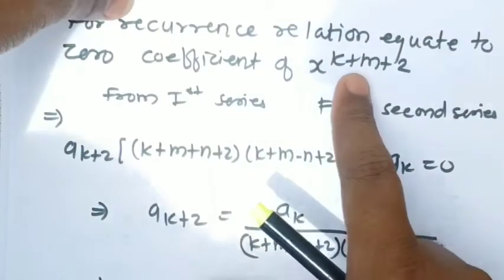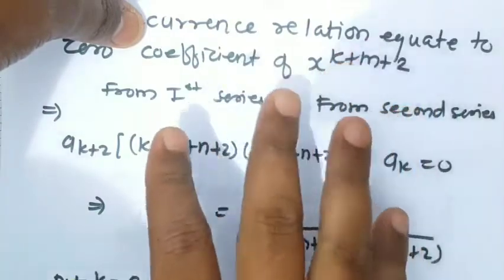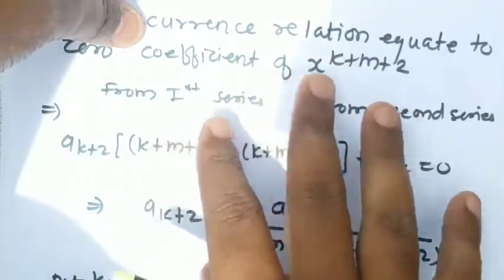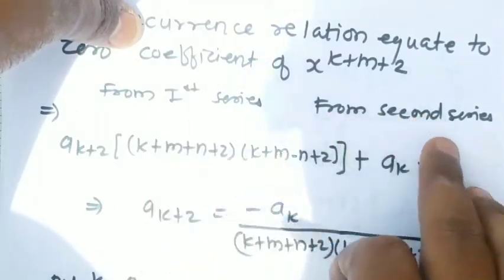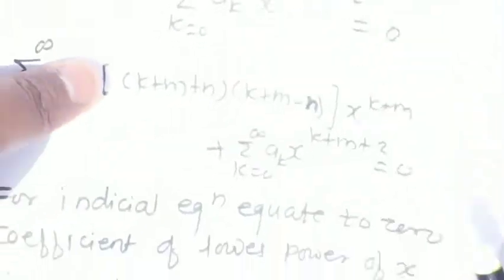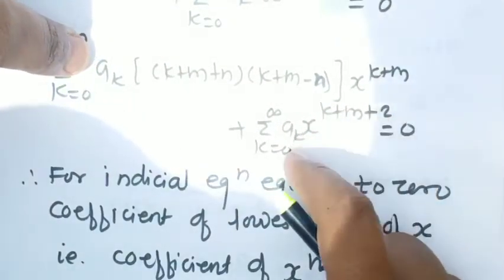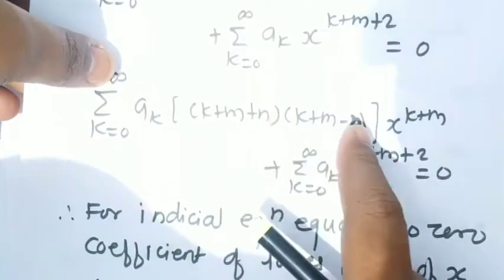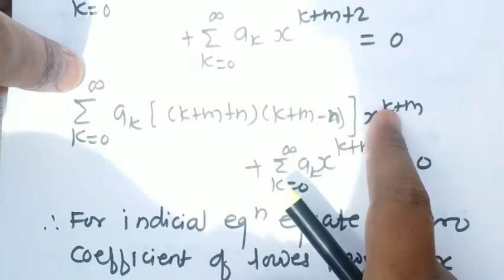So to determine the coefficient of x raised to k plus m plus 2, both series will give us this coefficient. You can check the first series and the second series. In the second series, the coefficient of x raised to k plus m plus 2 is ak, and in the first series you will get the coefficient of x raised to k plus m plus 2 when k is k plus 2.